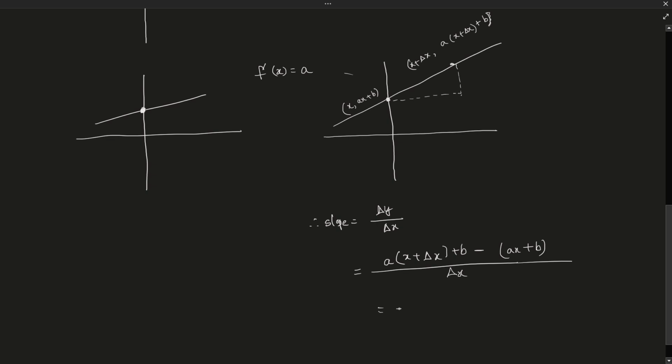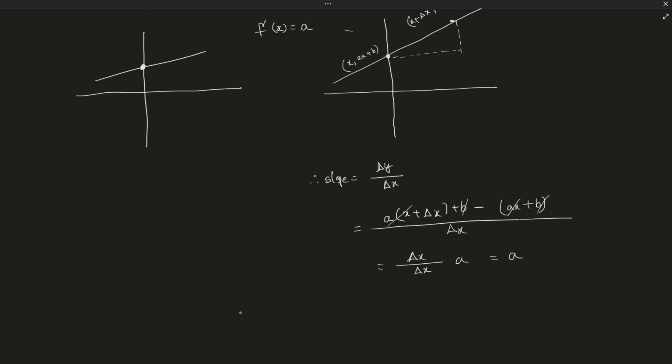So this cancels out, and basically we will have del x by del x times a, and so it will be a. Therefore we can conclude that d dx of f is basically f prime of x, which is a.